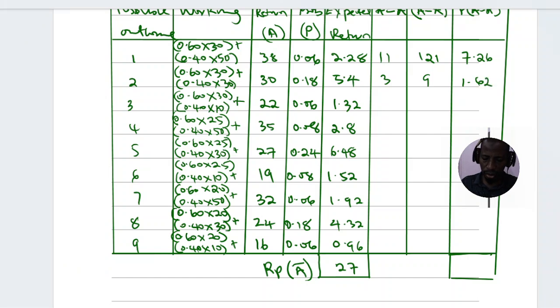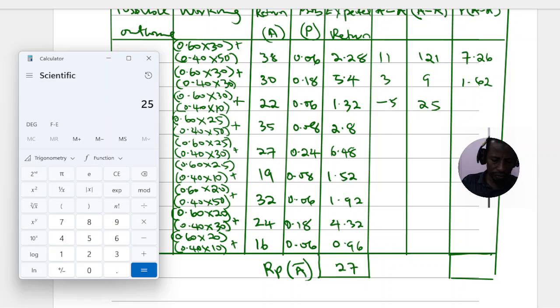The next one, 22 minus 27 will give us minus 5. Minus 5 squared will give us 25. 25 multiplied by the probability of 0.06. That's 1.5.